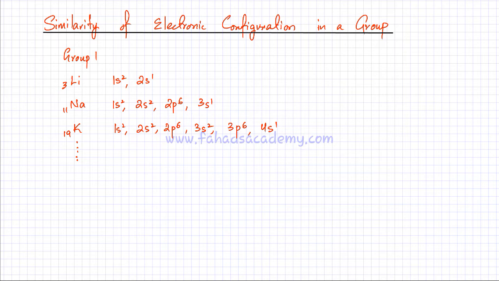So if you compare the electronic configuration of elements in group 1, what you would notice is that the outermost shell has only one orbital, which is an s orbital, and it's going to have just 1 electron. So all group 1 elements have this similarity, which is that the outermost shell has an s orbital, and that s orbital is going to have just 1 electron.